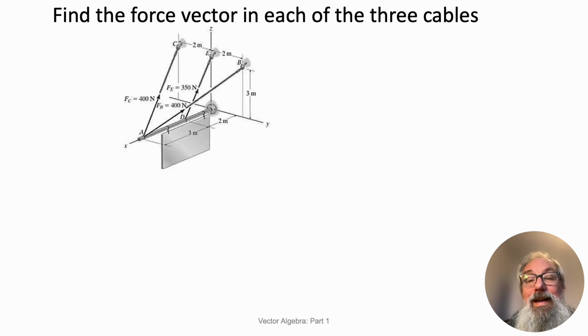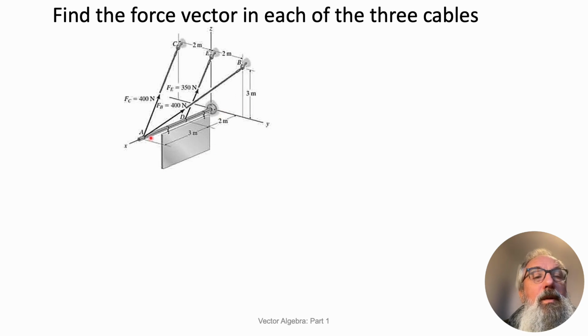Let's have a look at an example of the scalar product, the dot product, for doing calculation. Now this is quite an involved example, but it actually sums up what you can do with vectors in a practical sense.